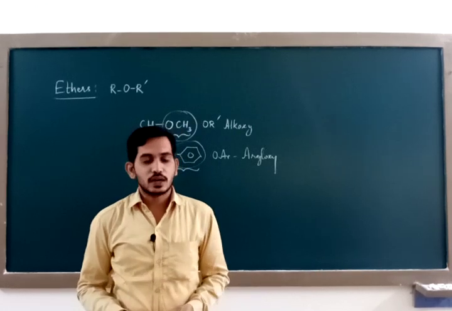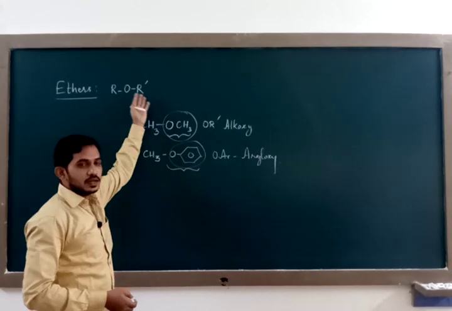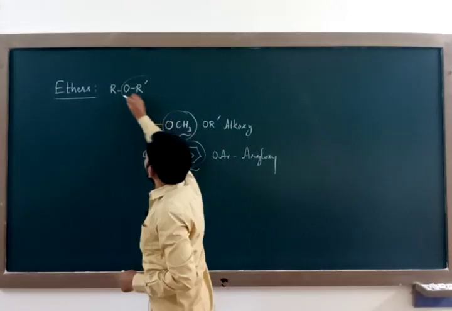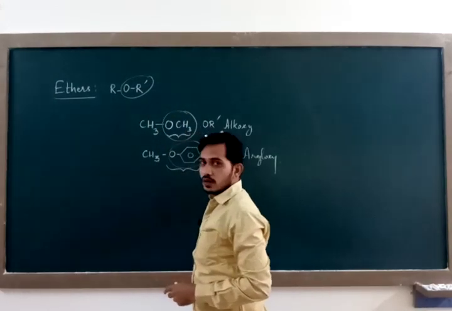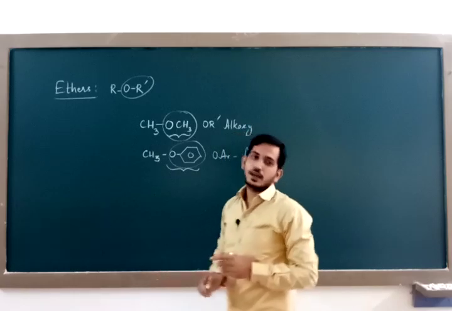So these compounds are called ethers. Ethers are generally represented by the general formula ROR', where these groups could be alkoxy or aryloxy groups.